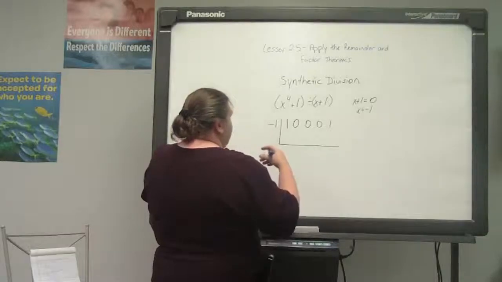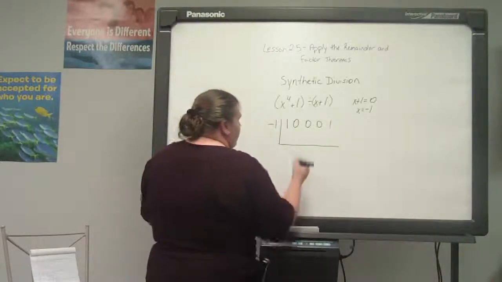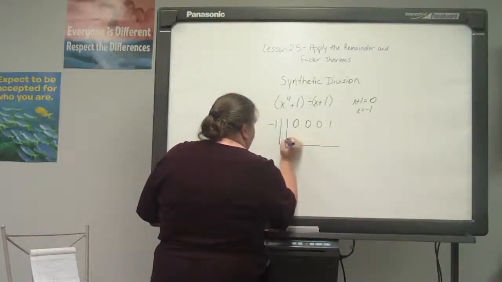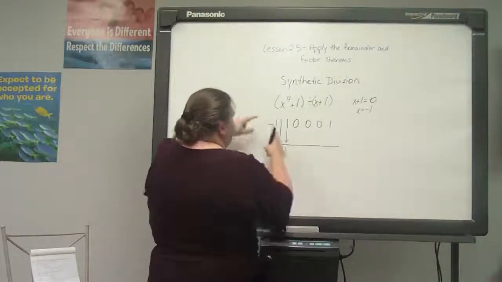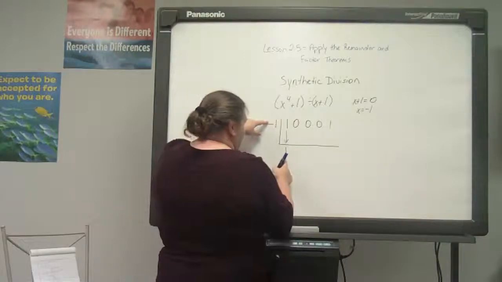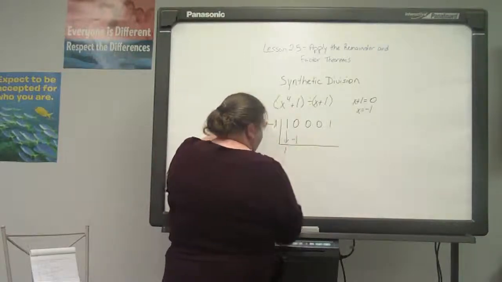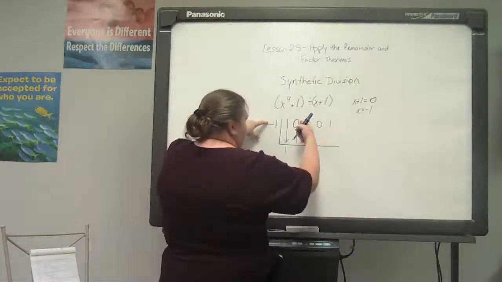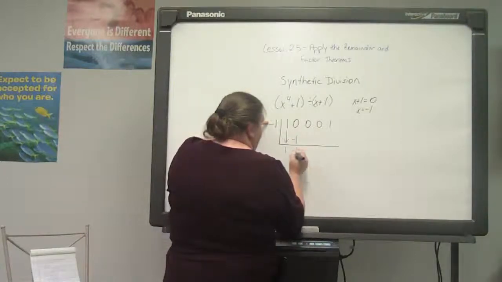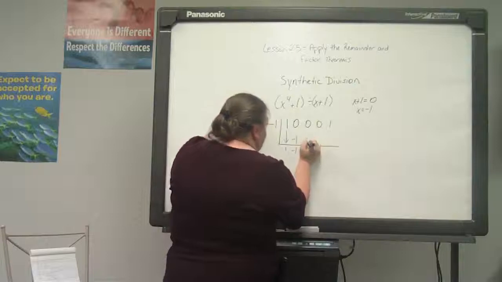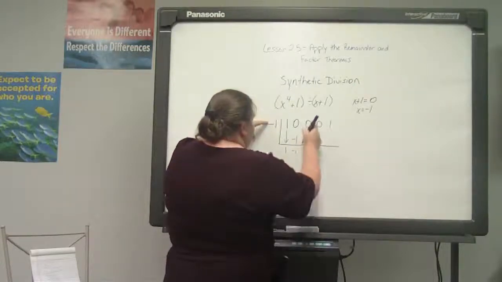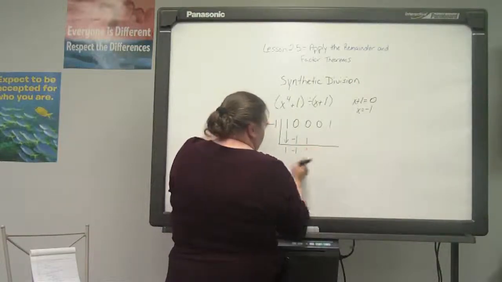Just like with our synthetic substitution, the first thing we do is bring our first coefficient down, 1. A negative 1 times 1 is a negative 1. 0 minus 1 is a negative 1. A negative 1 times a negative 1 is a positive 1. 0 plus 1 is 1.